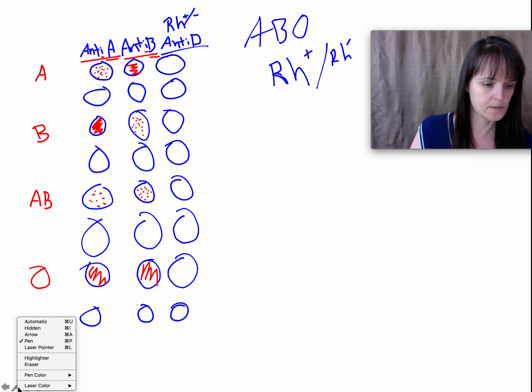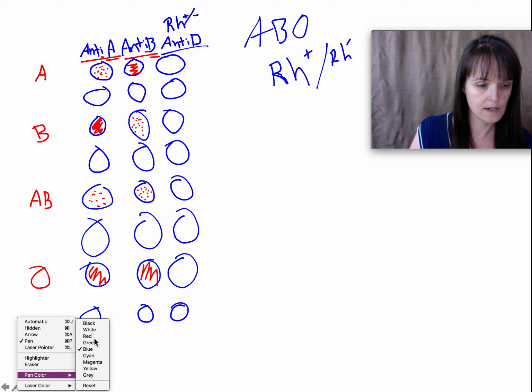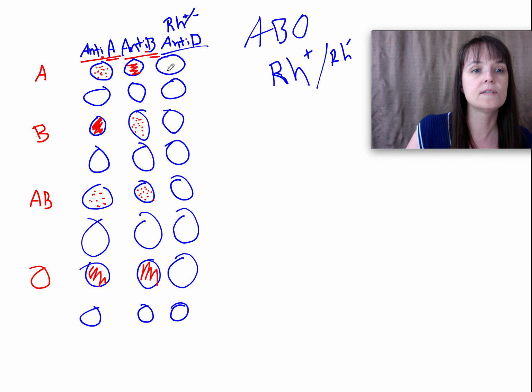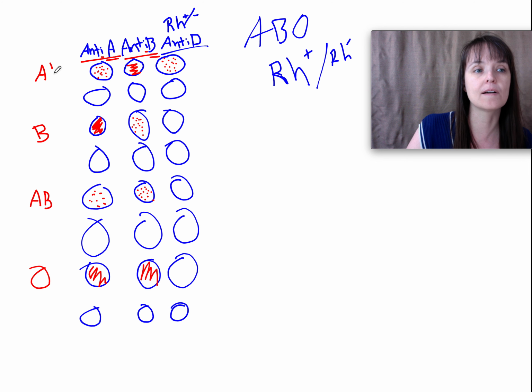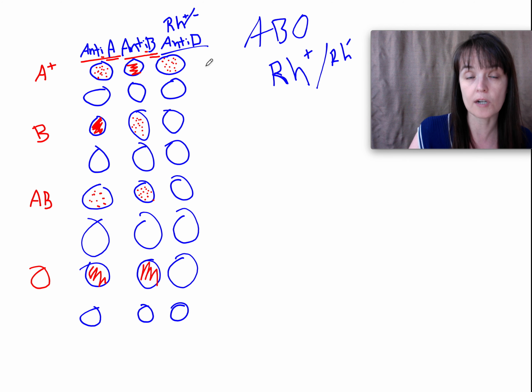So back to red. Boom. Okay, so if we have stippling in the anti-D or RH column, then we know we have the RH, so we are RH positive. So this sample's go across, is A positive.